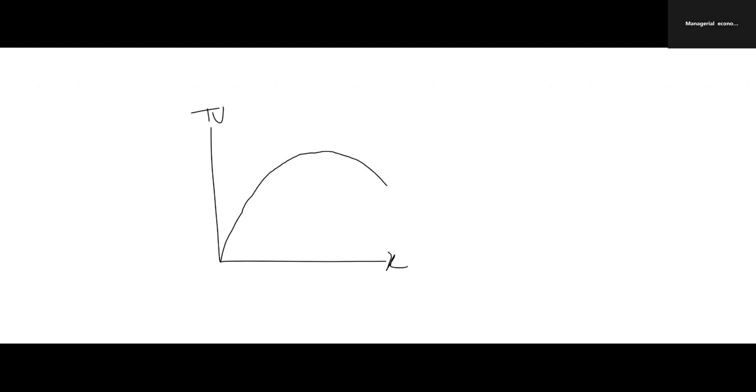That is the idea behind the law of diminishing marginal utility. If we apply this to understand the shape of the indifference curve, the shape of an indifference curve or any curve is determined by its slope. The indifference curve's slope is convex to the origin and it's downward sloping.